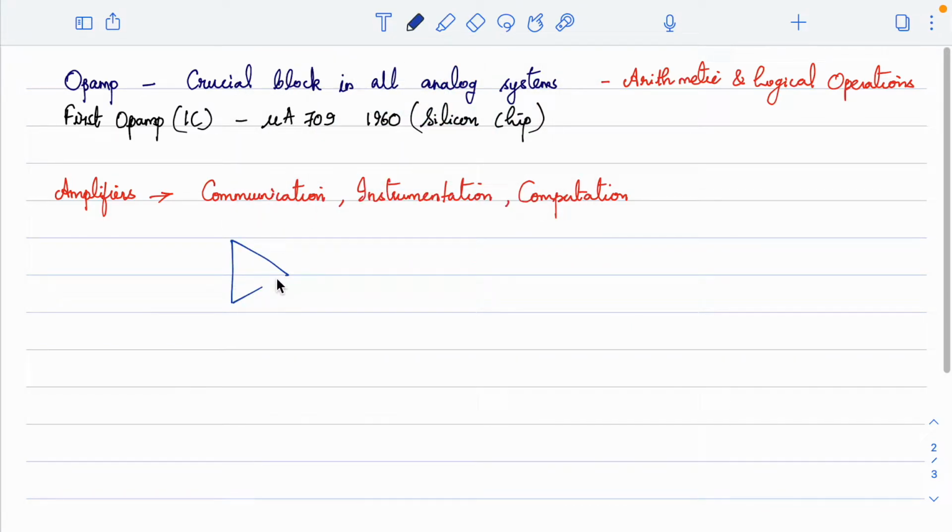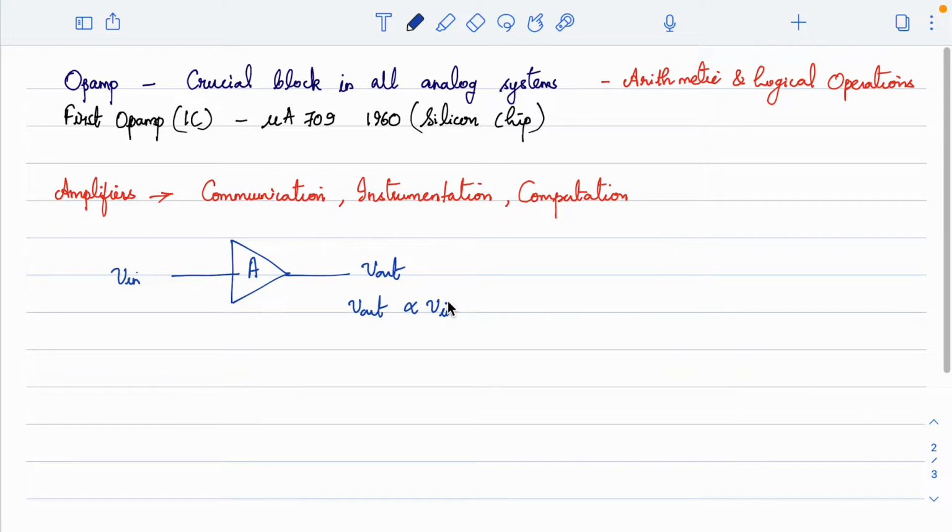An amplifier is a block which provides some gain of A. Now if you are providing V in, what we are expecting at the output is V out equal to A times V in. And one important thing here is V out is proportional to V in, in the sense you have an amplification factor which magnifies your input signal to a larger value for whatever the application it is.